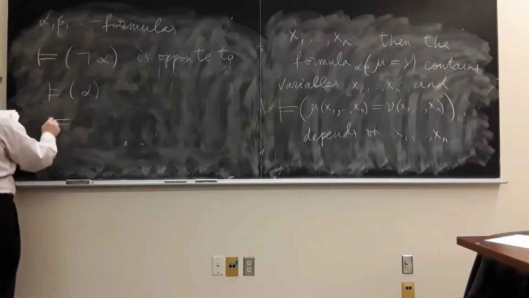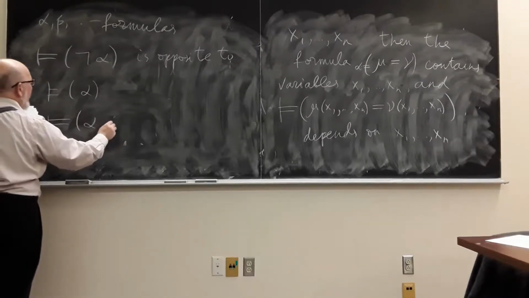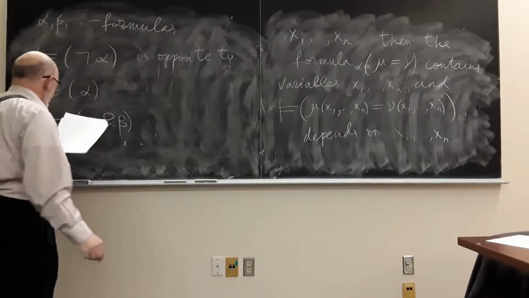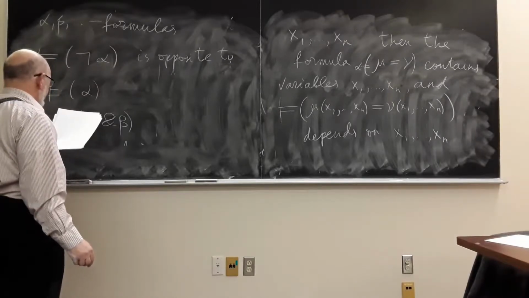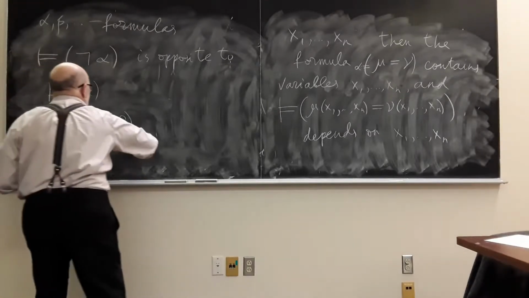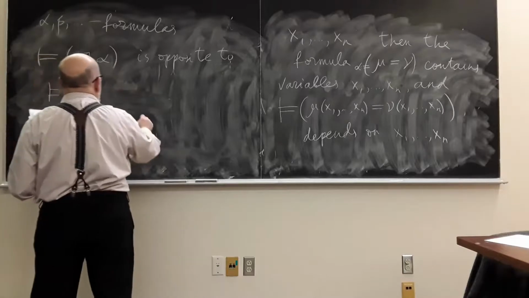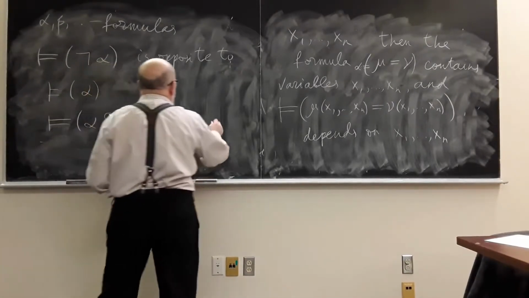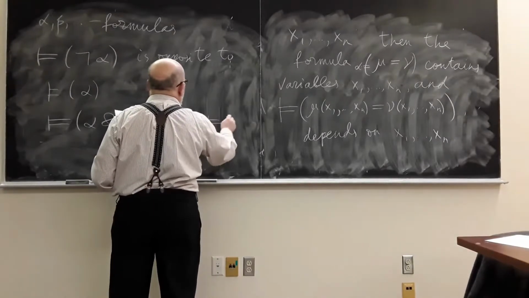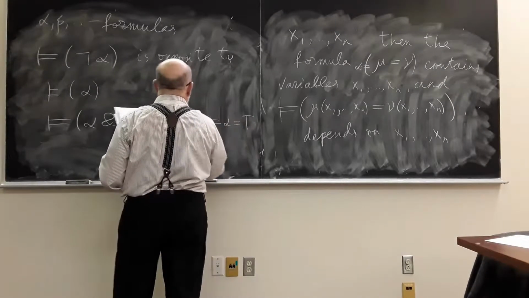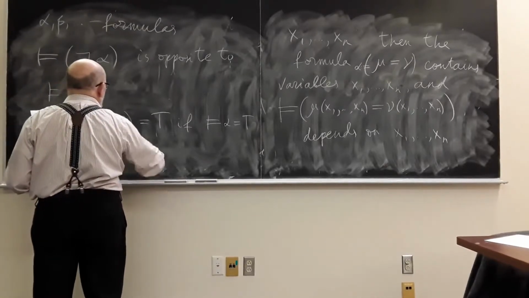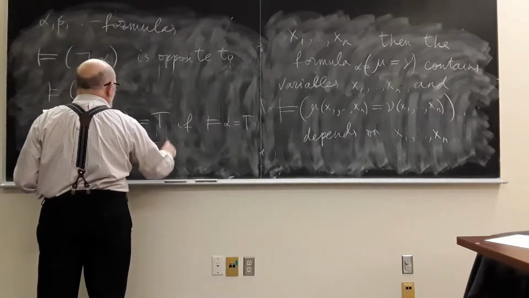The truth value of alpha and beta is true, equals t, if and only if the truth value of alpha is t and the truth value of beta is t.